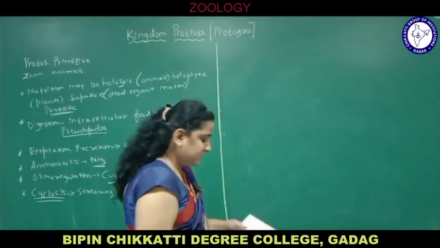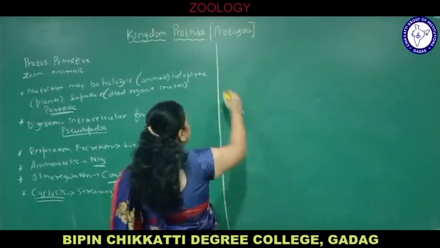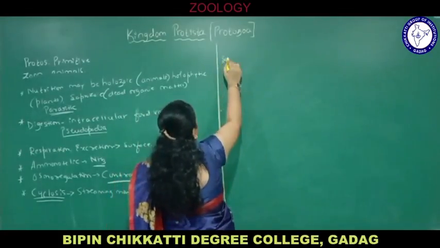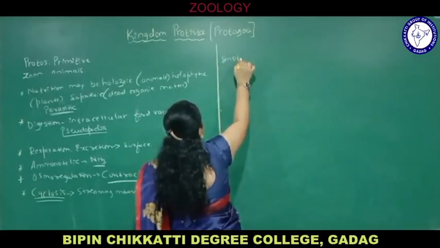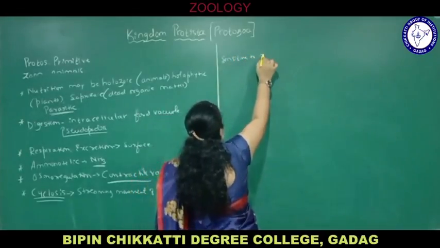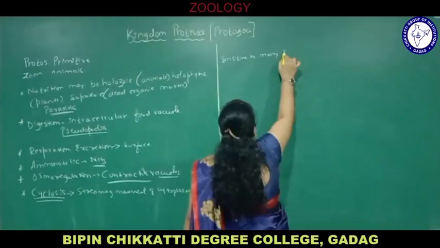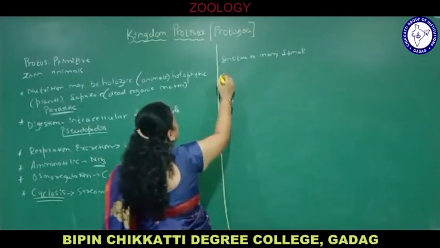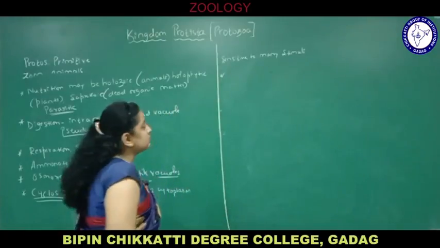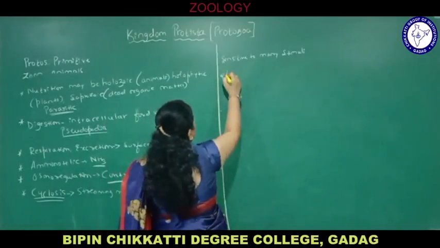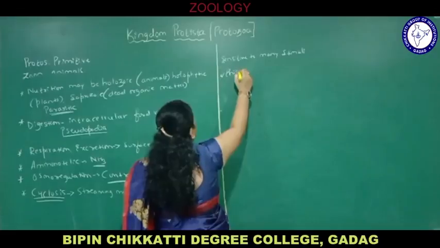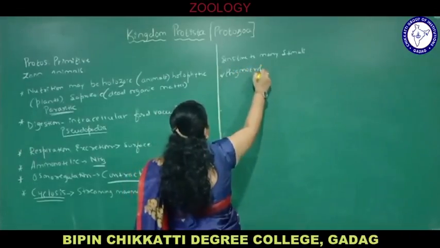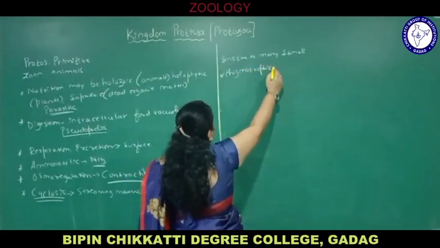So these protozoans are sensitive to many kinds of stimuli. First one, sensitive to touch, is called thigmotrophic. Thigmotrophic means it is sensitive to touch.